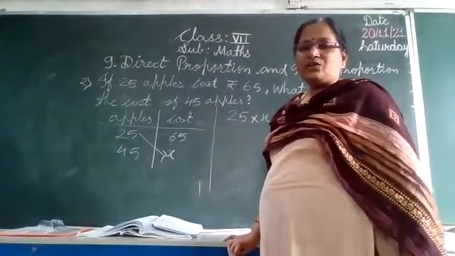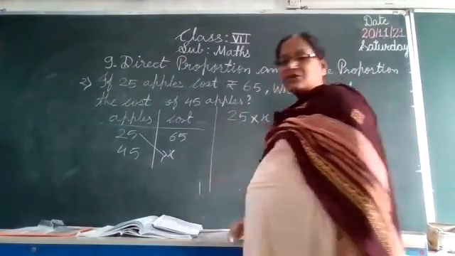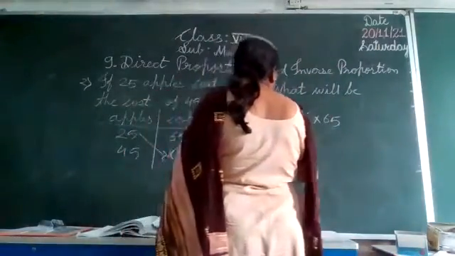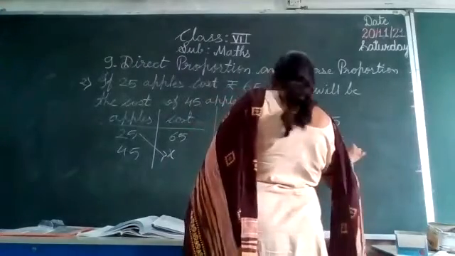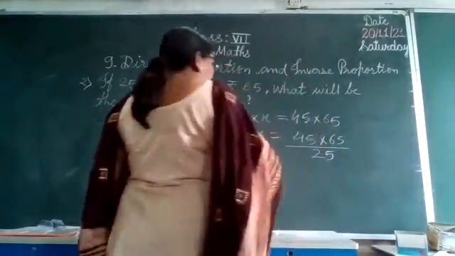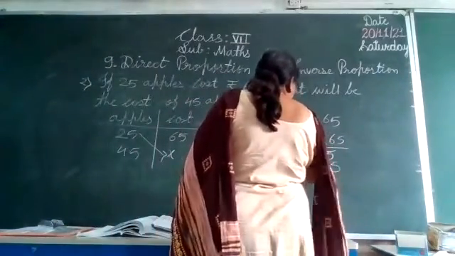So to find the value of this X, we will remove multiplied by 25 from this side. So X equals 45 multiplied by 65 divided by 25. Okay, so 5 5s are 25 and 5 9s are 45.